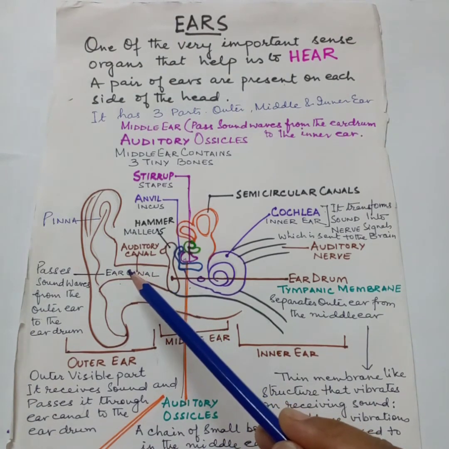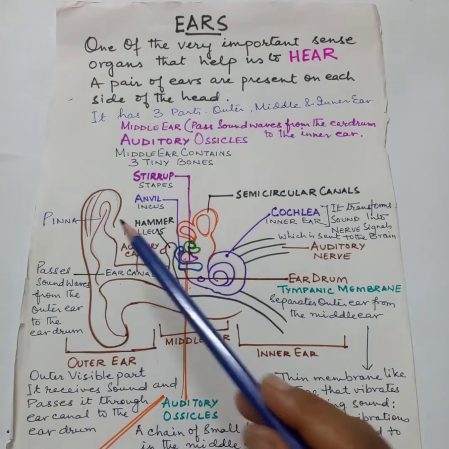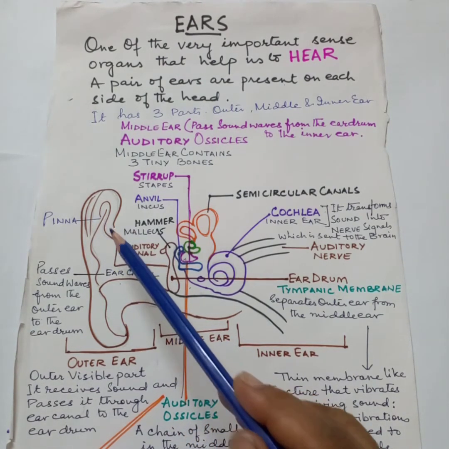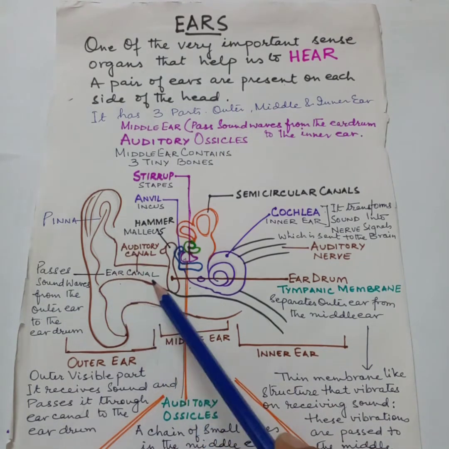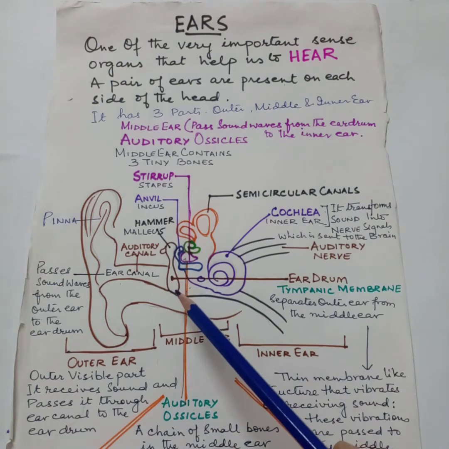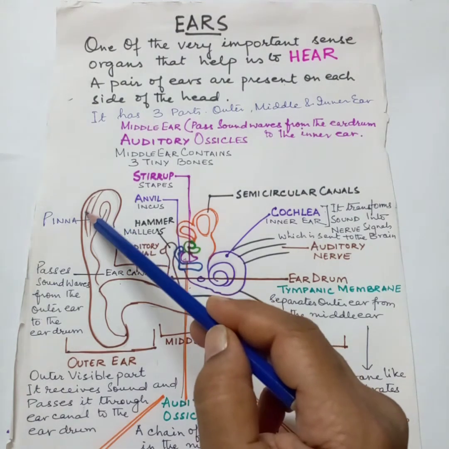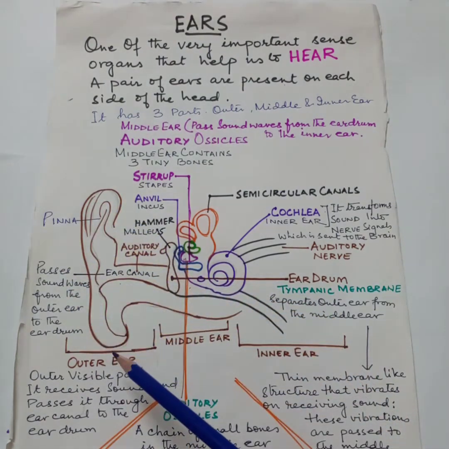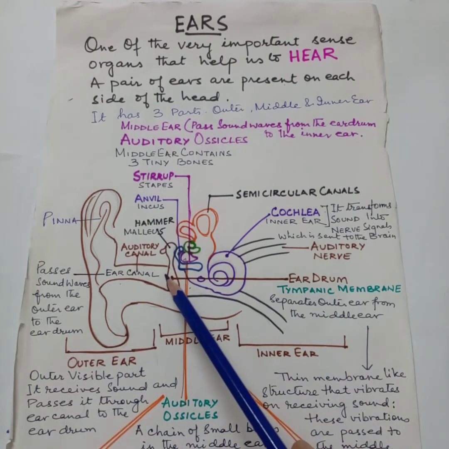So the outer ear consists of the pinna, the external ear, and the external ear canal or the auditory canal. The outer ear collects the sound waves and guides them to the tympanic membrane. This is the tympanic membrane. It is called the eardrum.